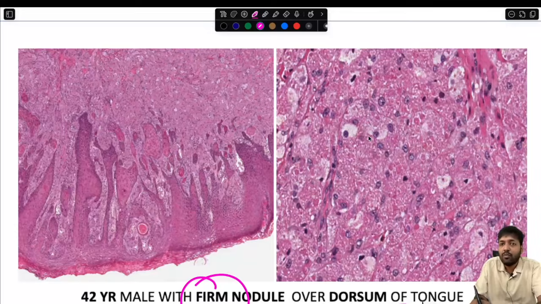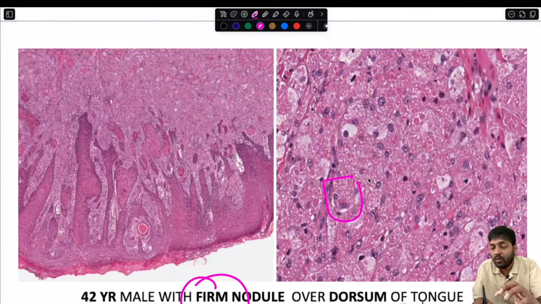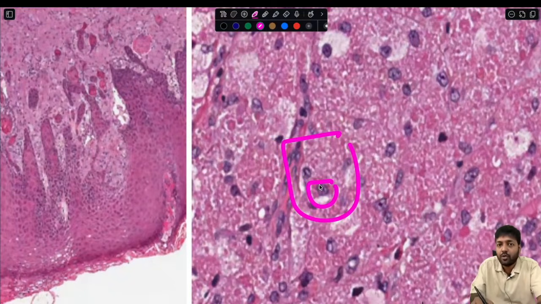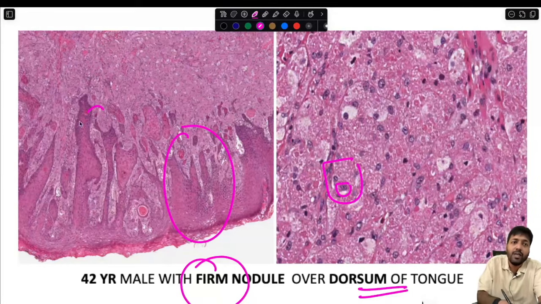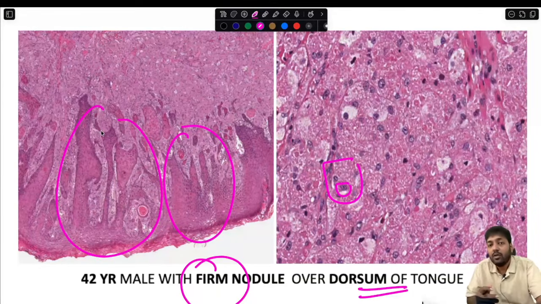Individual tumor cells are polygonal with voluminous eosinophilic granular cytoplasm, and the nuclei are central to peripheral, small and hyperchromatic with prominent nucleoli, as you can appreciate here. The associated epithelium shows pseudoepitheliomatous hyperplasia.